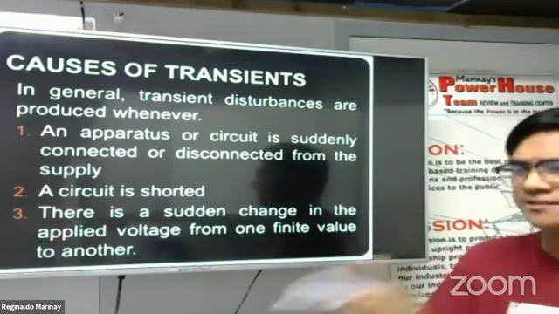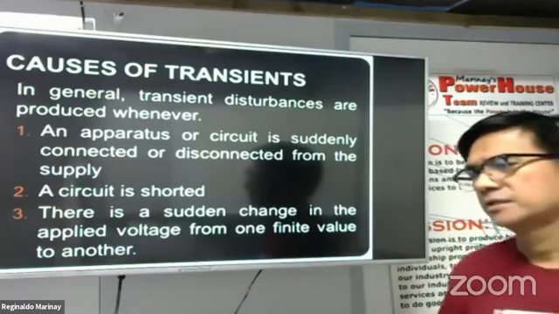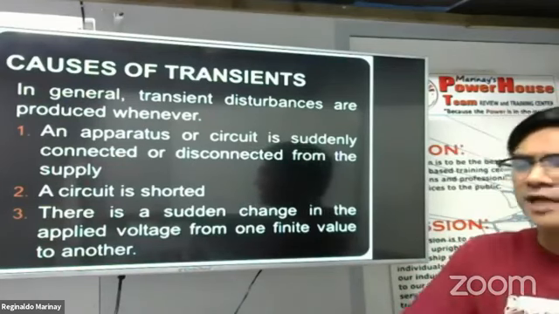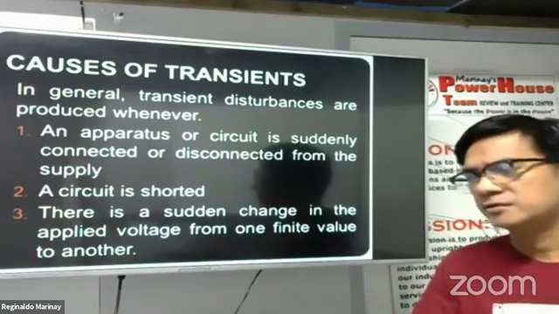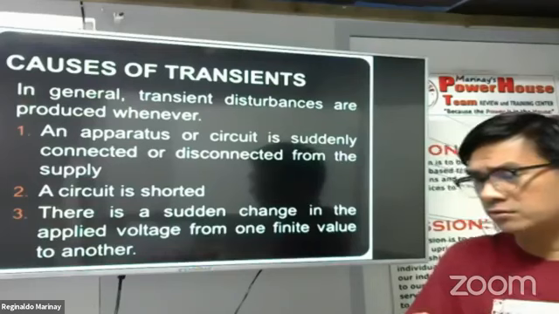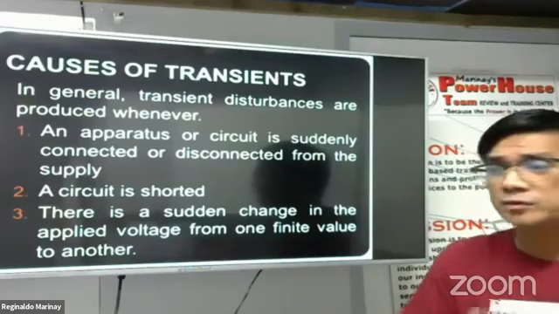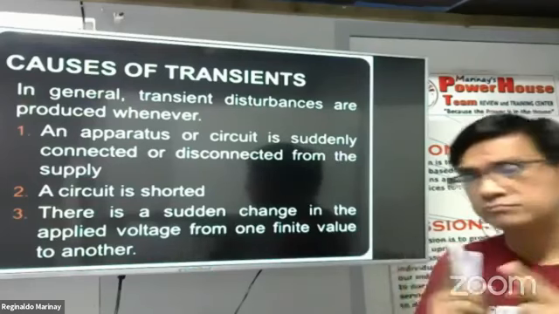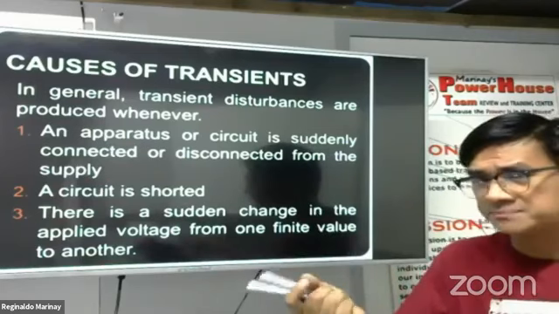Both motors and transformers have inrush current. The motors may have 5 to 8 times the full load value. Let's say if you have a 100 ampere motor, it can have 500 to 800 ampere on the average. If you have a transformer, that is bigger than that.